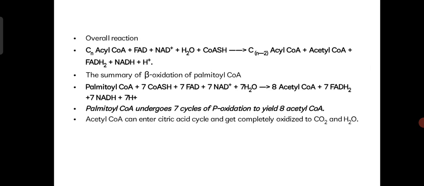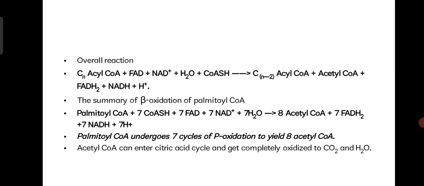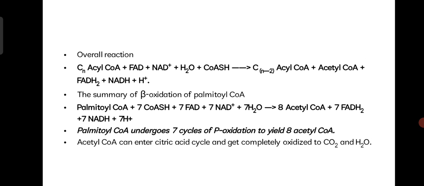Next is the overall reaction. So from the third step you will get this. First we are using acyl CoA, then FAD, then NAD positive, then hydration. We are using coenzymes. So already I told you that by the formation of acetyl CoA we shorten 2 carbon atoms, that is N minus 2 acyl CoA plus acetyl CoA.